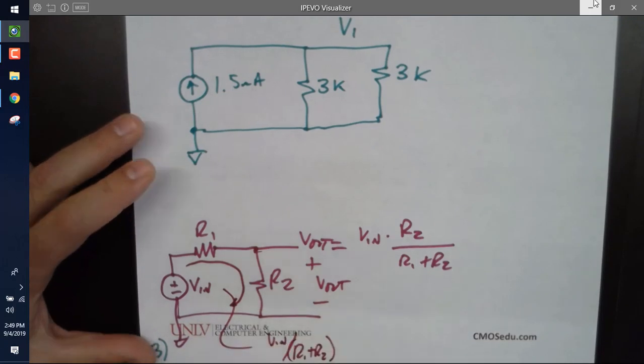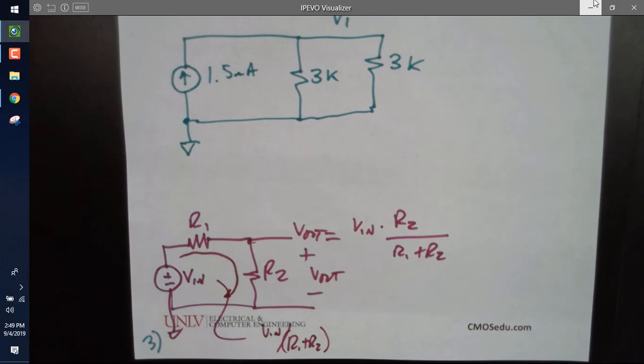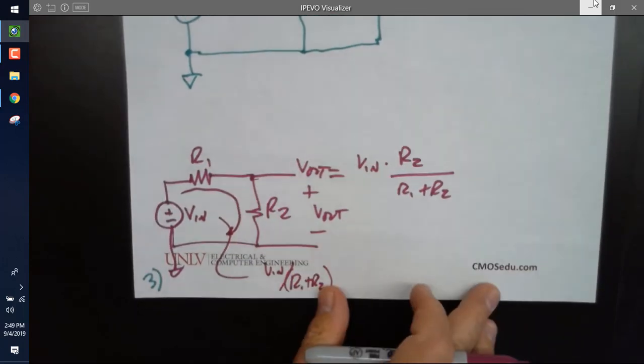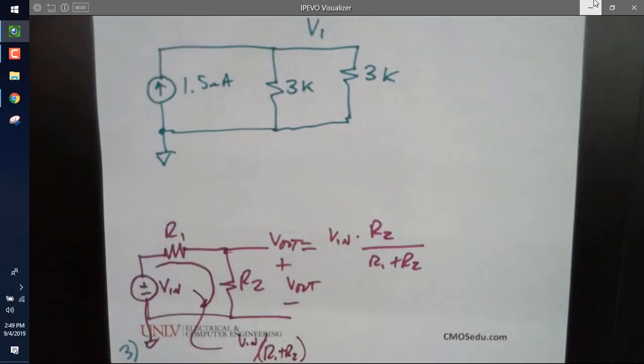Does everybody see that? So in the equation, Vout equals Vin over R1 plus R2, which is the current, times R2. Does it make sense now? Okay, so now let's go back over here.